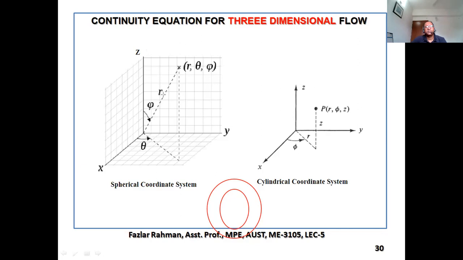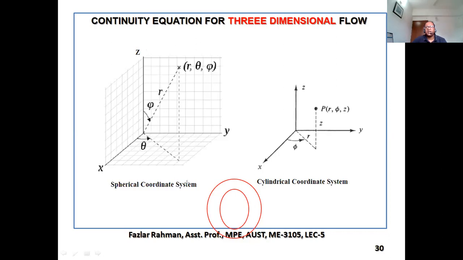If r is 0, you are at the center of the earth. If r is right over here, you are at the top surface of the earth where we live. But if you increase r, you will be in the atmosphere of the earth, right? And for different locations, you can change these angles, theta and phi.